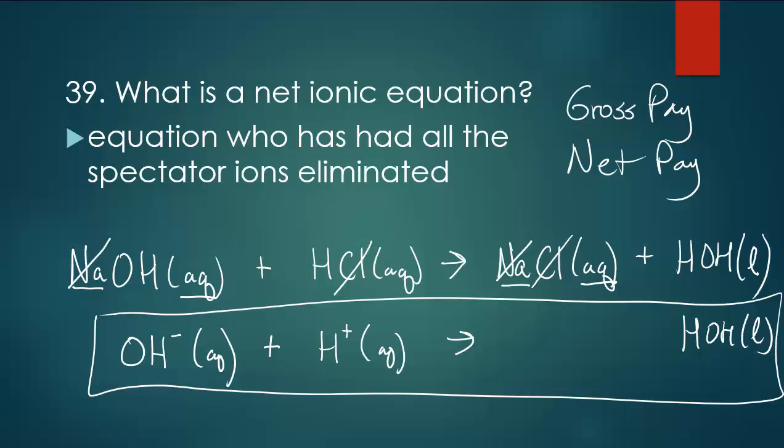The net pay is how much the government feels that he should keep as an American citizen. So, in other words, what's really important? Not how much you earned, what you get to keep. So that is why this is called a net ionic equation.